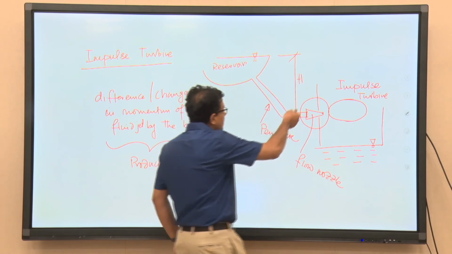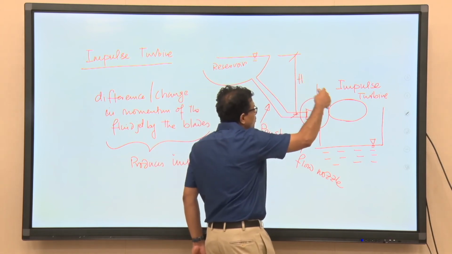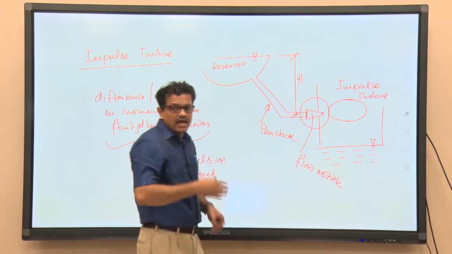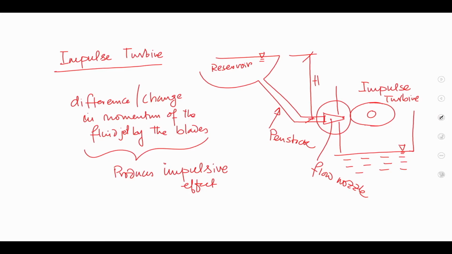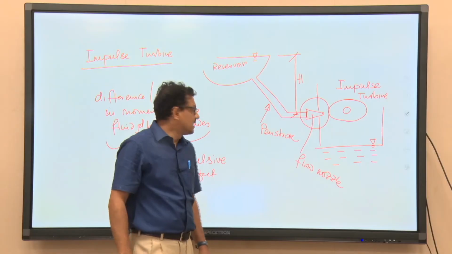So, by using this amount of head, we can rotate this runner, and if we can somehow connect the shaft of this turbine to the shaft of an alternator, we will get electricity.